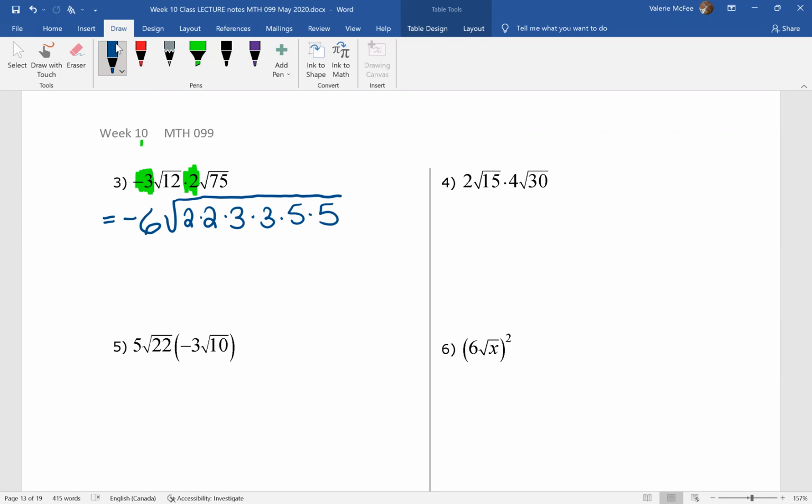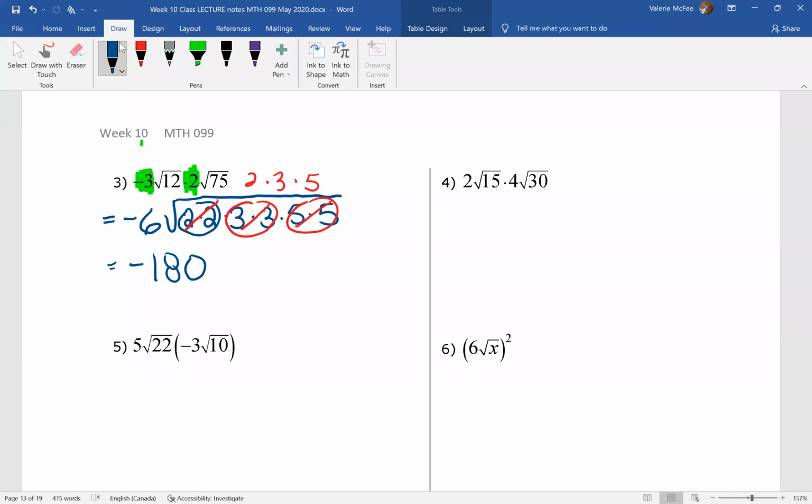It's easier to prime factor. Now look, the index is 2. I have 2 factors of 2 I can take out, 2 factors of 3 I can take out, 2 factors of 5 I can take out. So we have -6 multiplying 2 times 3 times 5. Of course, the easiest way to multiply this is 2 times 5 is 10, 3 times 6 is 18, 10 times 18, 180, and of course, it's negative.